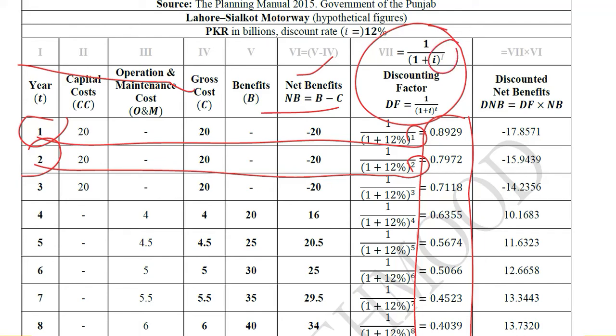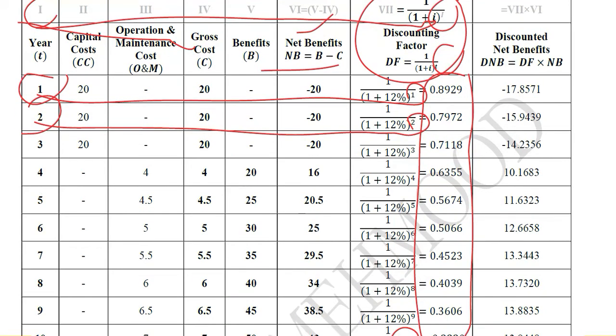This is 1 in Roman numerals, which shows that the column value 1 will be substituted here. Actually the variable is t, but that was 1 in Roman numerals, showing that it was the first column. So this value is now obtained, and since it's a factor, it gets multiplied.